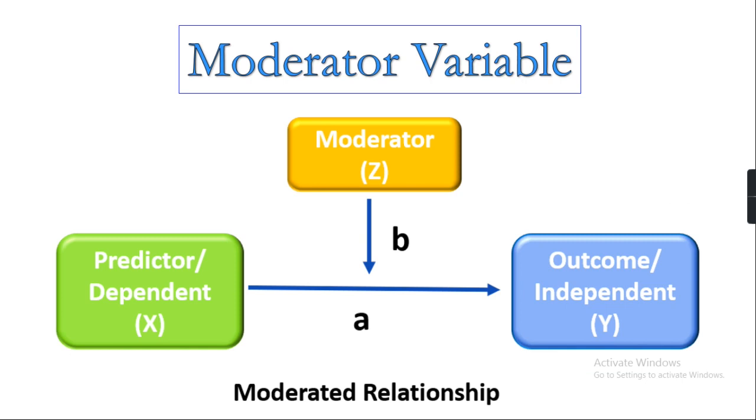The picture shows a model which has an independent variable, a dependent variable, as well as a moderator variable. The first arrow starts from the independent variable towards the dependent variable. So the moderator variable changes the direction of the relationship between the two variables. This is the influential authority, that is the moderator variable.